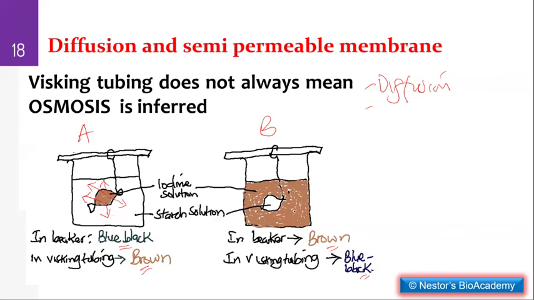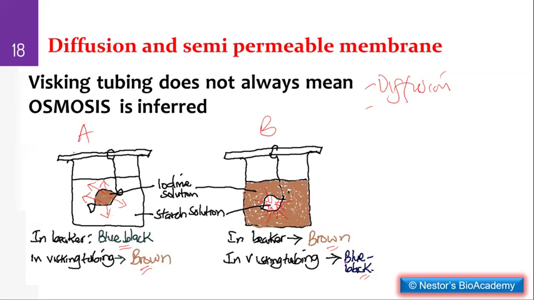But this observation strengthens the understanding that the starch molecules are too large and therefore not able to diffuse across the Visking tubing. So again, the iodine molecules in the beaker, being too small in size and at a high concentration, are able to diffuse across the Visking tubing and into the starch solution.